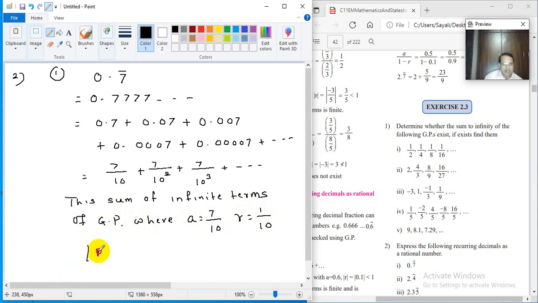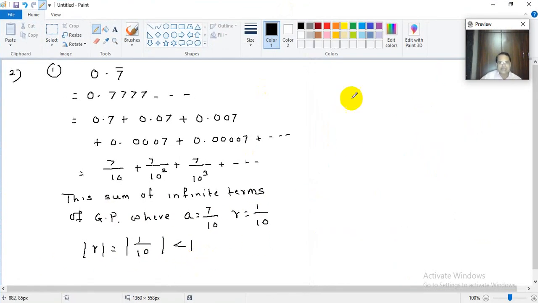So mod R is mod of 1/10. It is less than 1. So when mod of R is less than 1, we know that S infinity is A upon 1 minus R. So here also S infinity will be A upon 1 minus R. What is A? A किती आहे बघा, 7 upon 10.